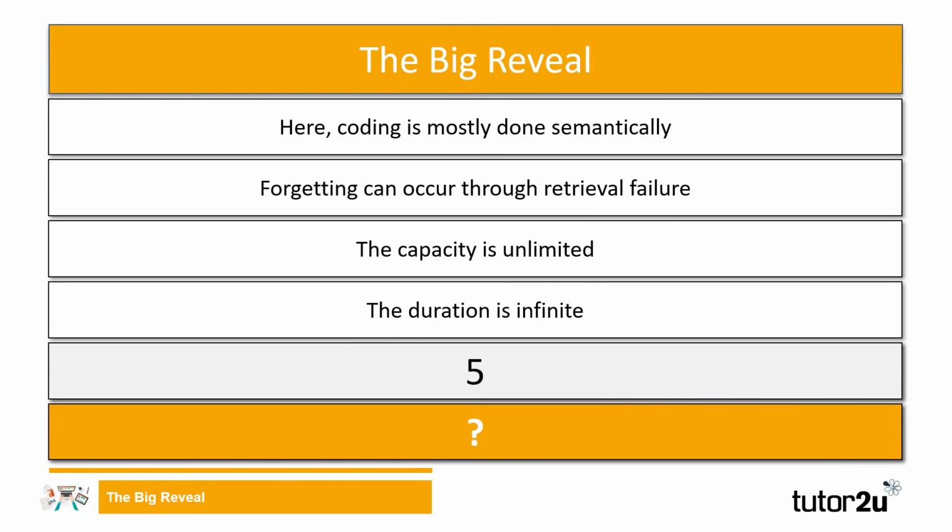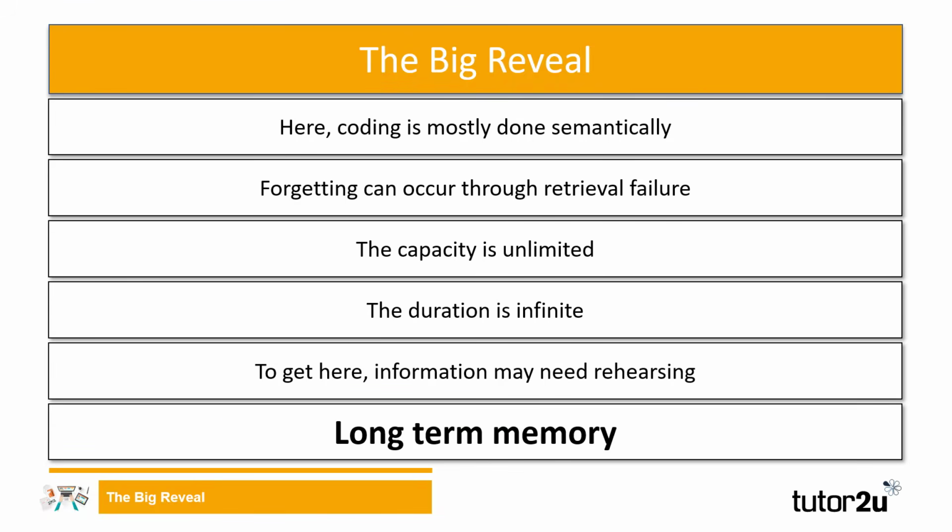The duration of this place is infinite, potentially forever. And last clue, to get your information may need rehearsing. Now, if you put all this together, and your memory might be jogged by that picture that we had up at the very start of the multi-store model. And of course, all these cues relate to long-term memory. Well done if you got that one.